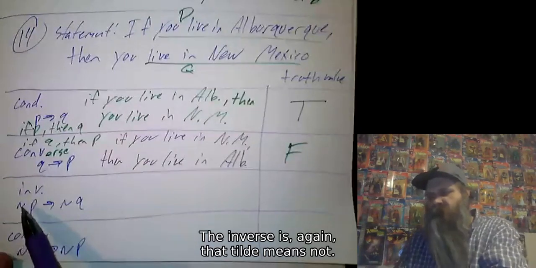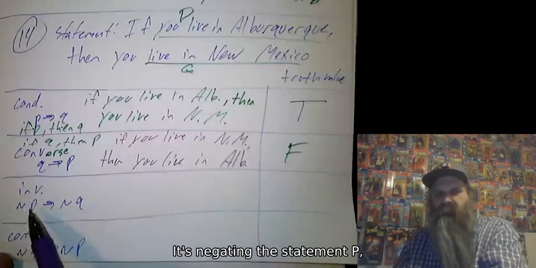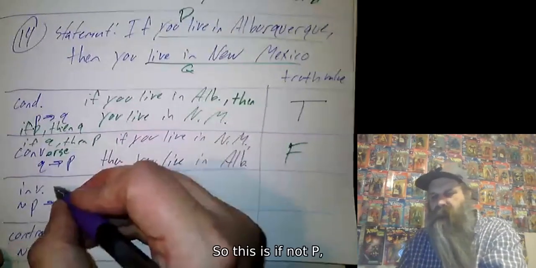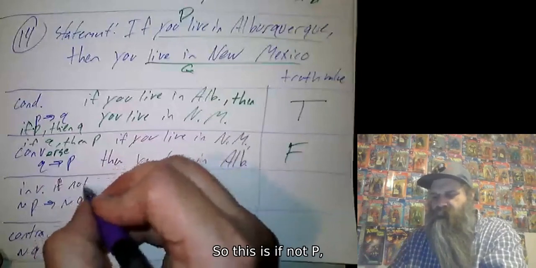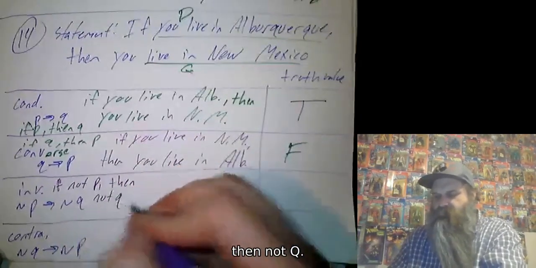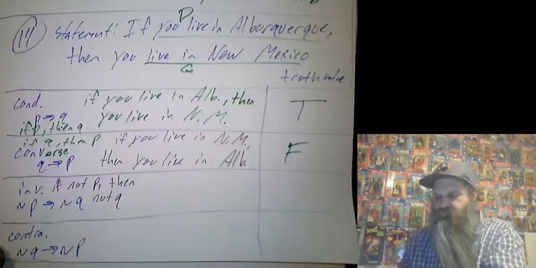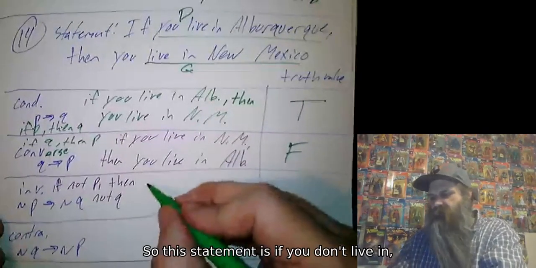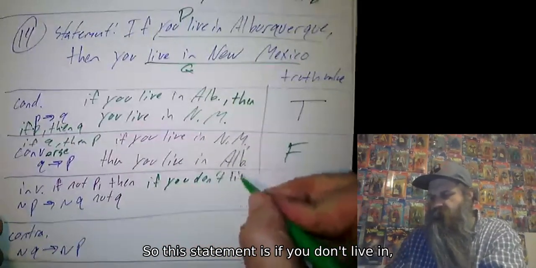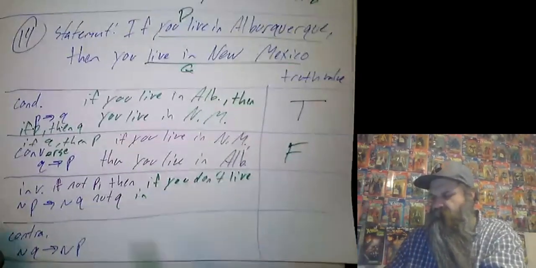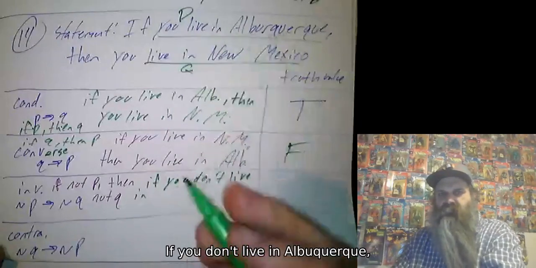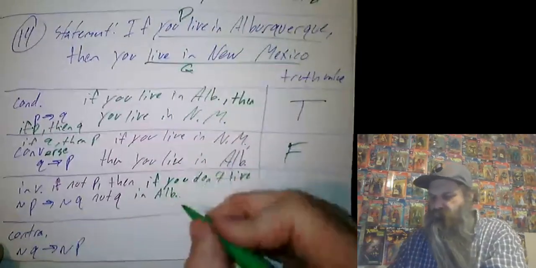The inverse is, again, that tilde means not. It's negating the statement P, and then again, negating the statement Q. So this is, if not P, then not Q. So this statement is, if you don't live in Albuquerque, then you don't live in New Mexico. Again, go make sure you're getting your P's and Q's right.